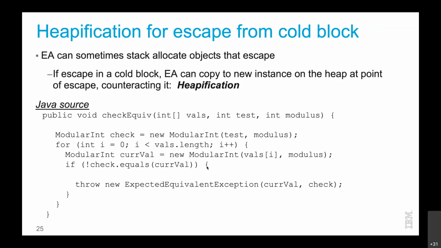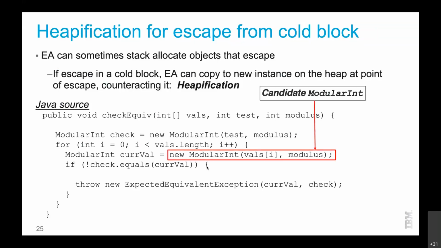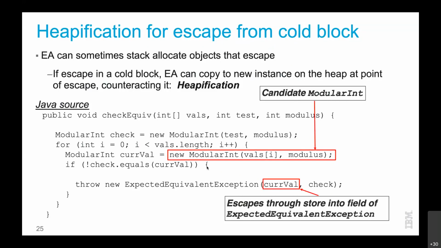So here's an example where that sort of thing might happen in Java. Again, with our modular int class, let's say we have this candidate object within the loop. Most of the time we're going through and checking everything is okay, but let's say 1% of the time, or even less than that, the condition that's being checked here fails, and we end up throwing an exception.